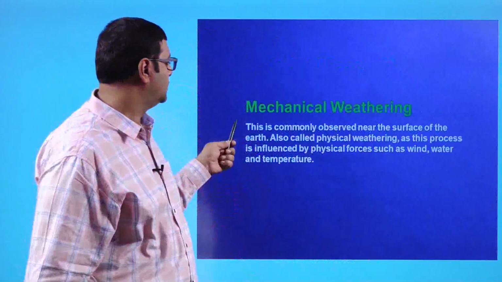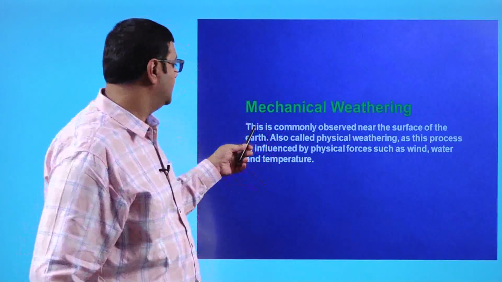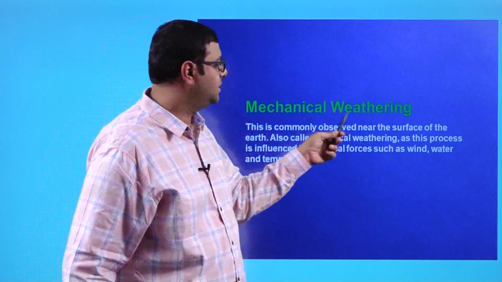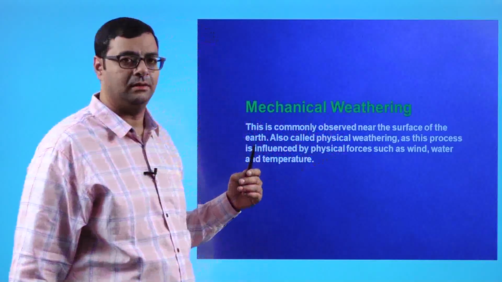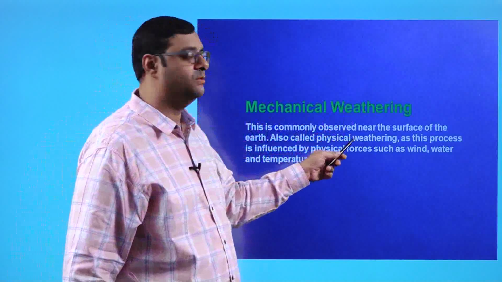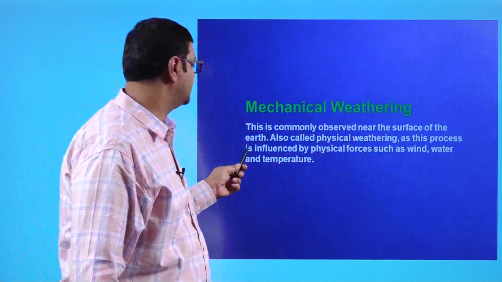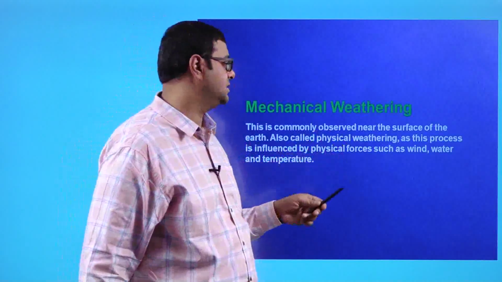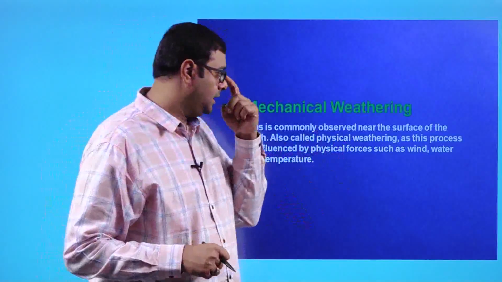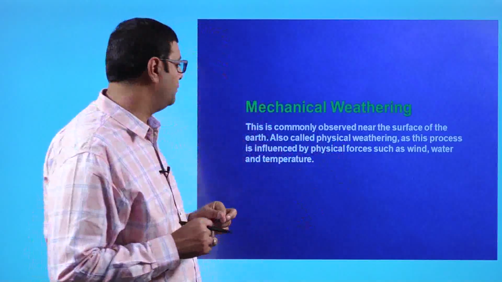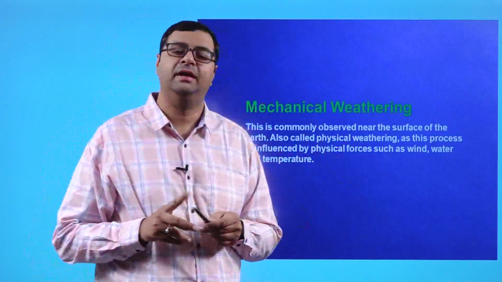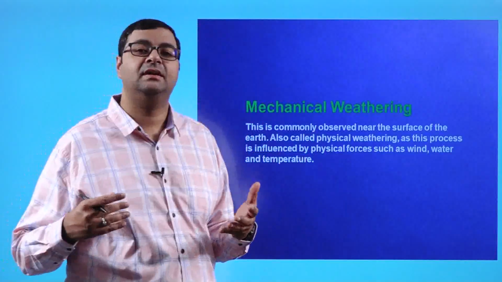Mechanical weathering is commonly observed near the surface of the earth. It is also called physical weathering, as this process is influenced by physical forces such as wind, water and temperature. It is basically a physical process.